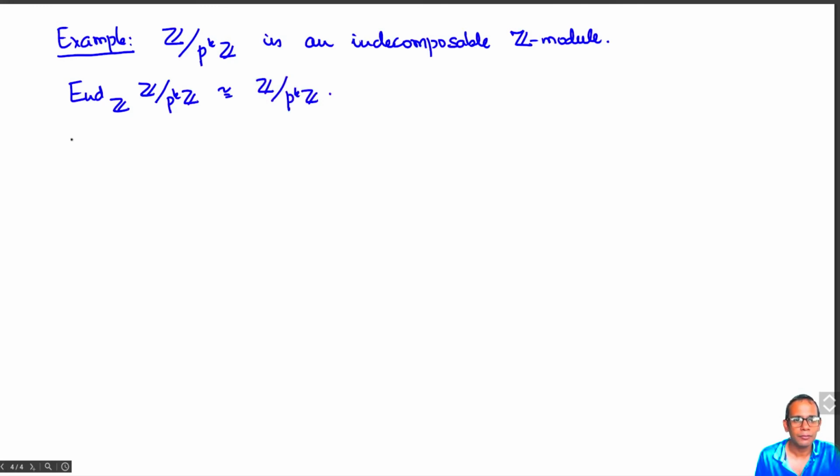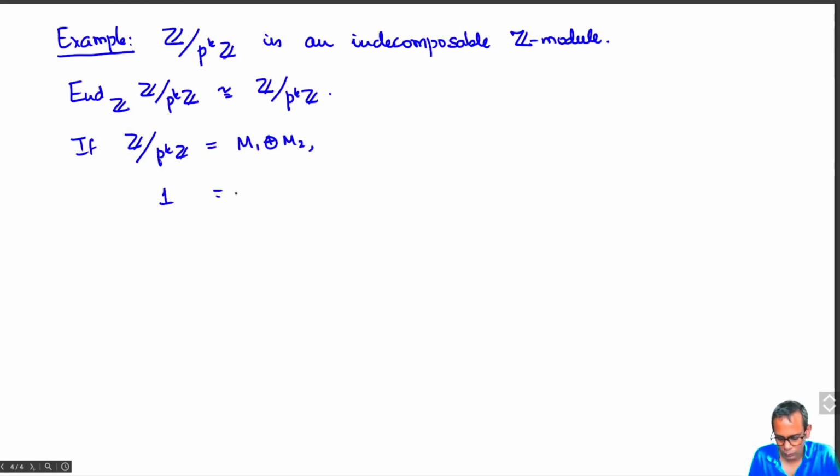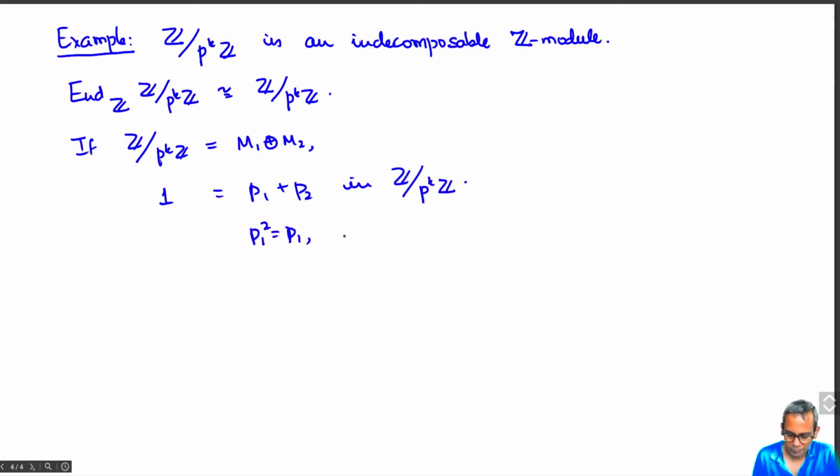And so if Z mod p^k Z had a decomposition M1 plus M2, and we call P1 and P2 the corresponding projection operators, then we would have 1 equals P1 plus P2 in Z mod p^k Z, where P1 squared is equal to P1 and P2 squared is equal to P2.